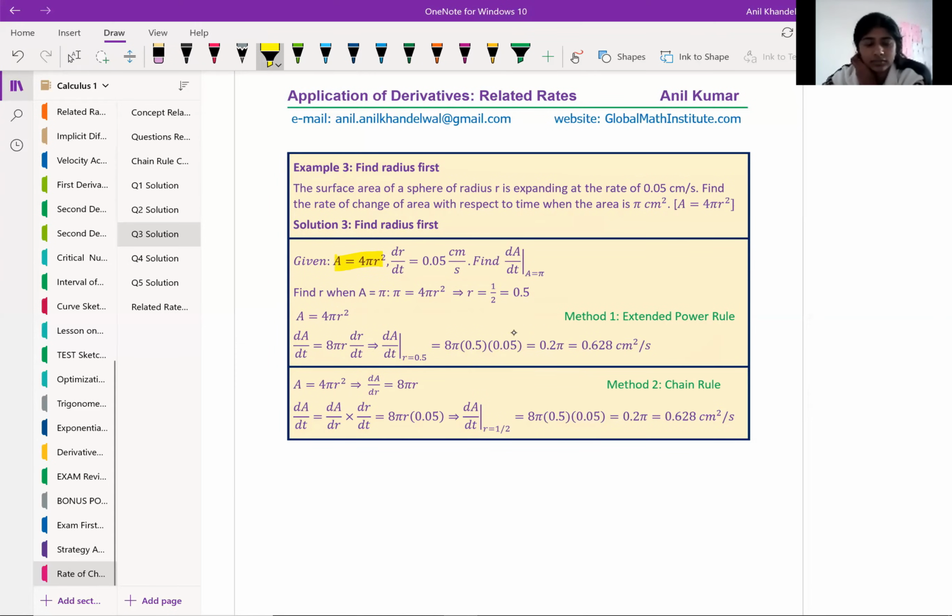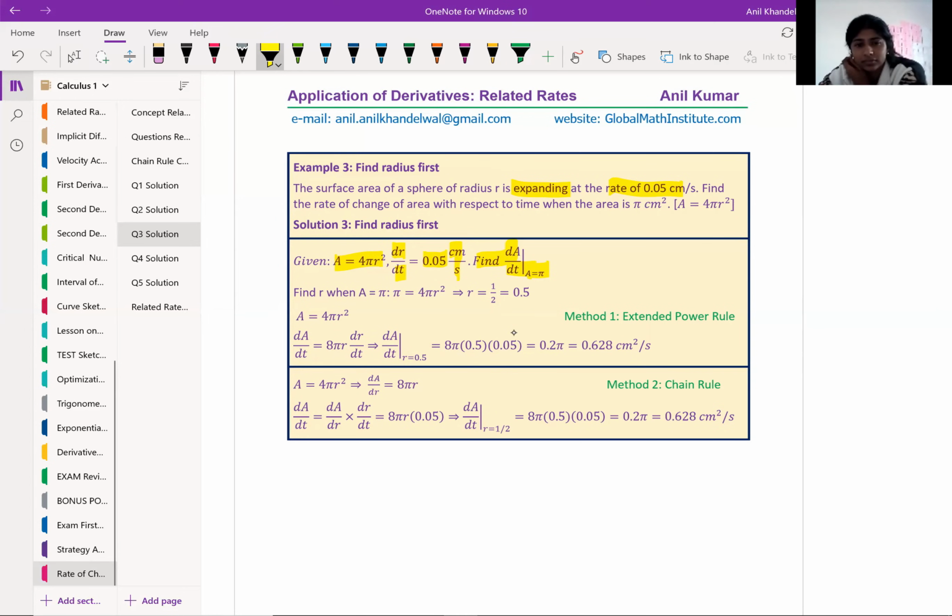You're also given the rate at which it is changing, 0.05 centimeters per second. Expanding means positive. And what you need to find here is rate of change of area with respect to time when area is pi.